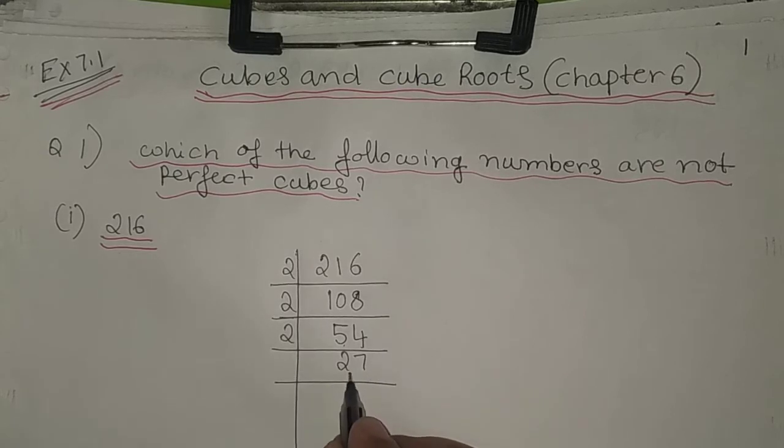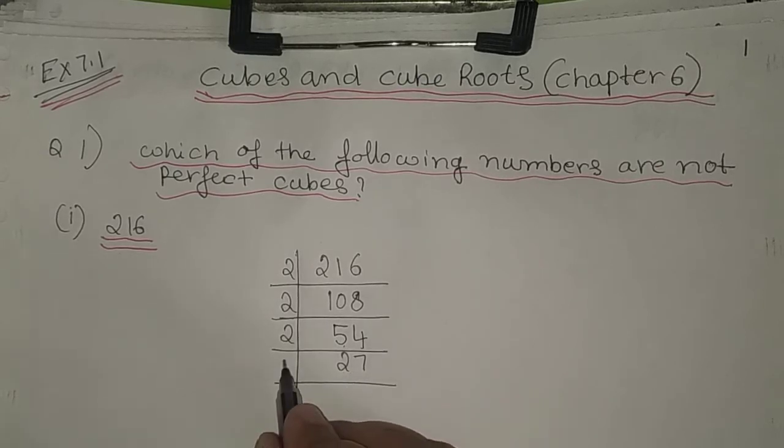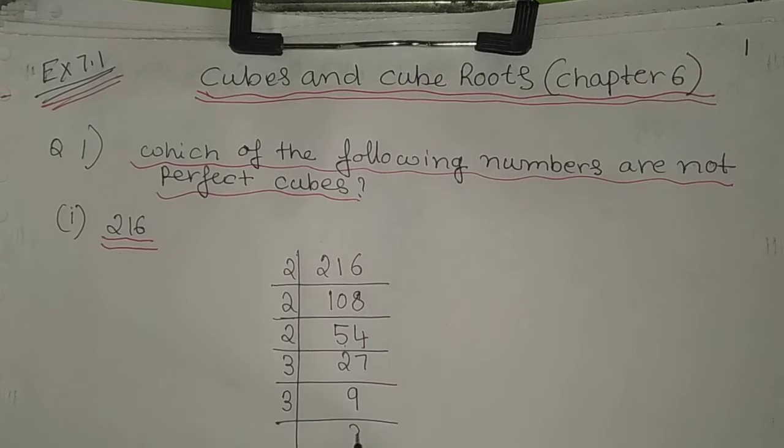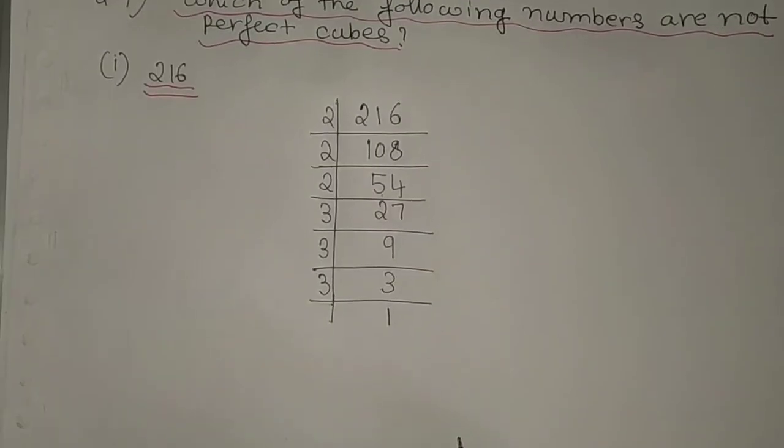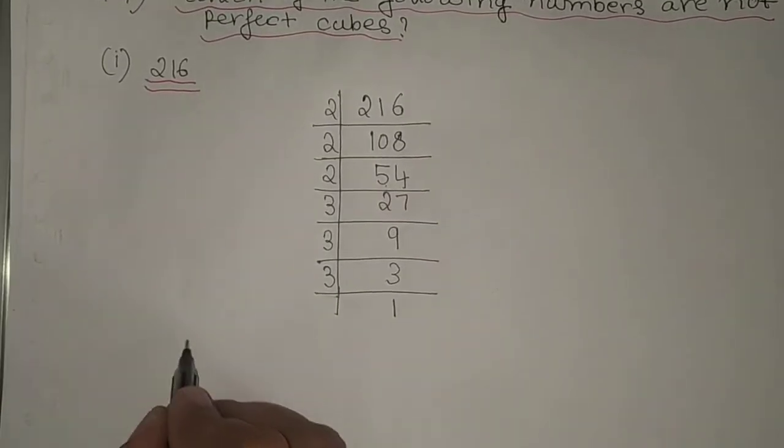Next this is 27, so we'll take 3, how much? 3 nines are 27. Next also we take 3 threes. Next we'll take 3 ones are 3.